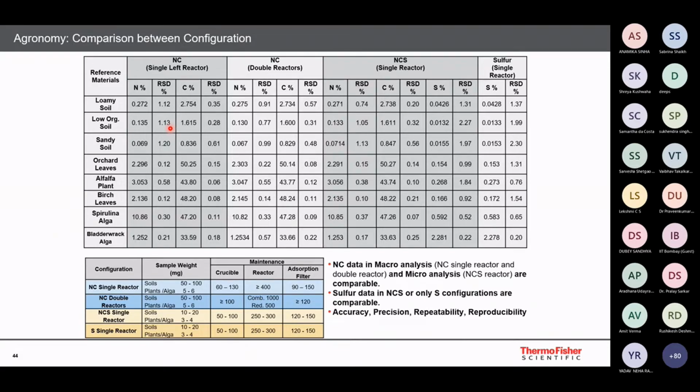Here with the single reactor, nitrogen is 0.272, and with the double reactor, it is 0.275. Similarly, with the single reactor, for the other one, the loamy soil, it is 0.271.